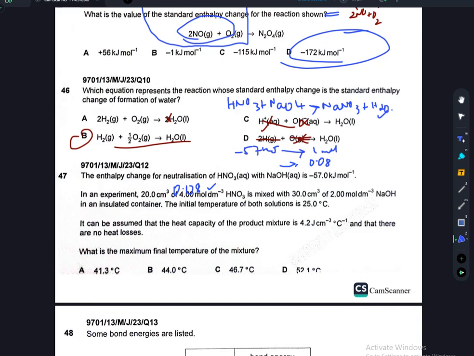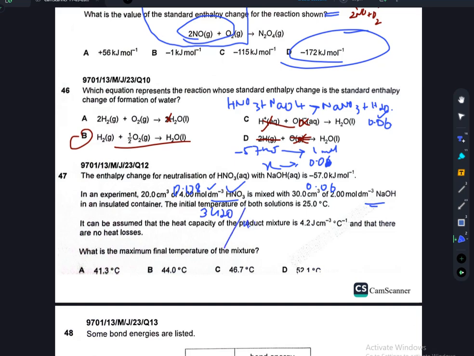We have been given 0.06 moles of NaOH. So HNO3 is in excess. So 0.06 moles of HNO3 reacts and obviously 0.06 moles of H2O would be produced. So the enthalpy change after doing the calculation for 0.06 mole of water being produced is 3420.